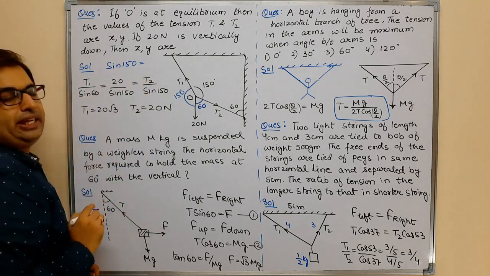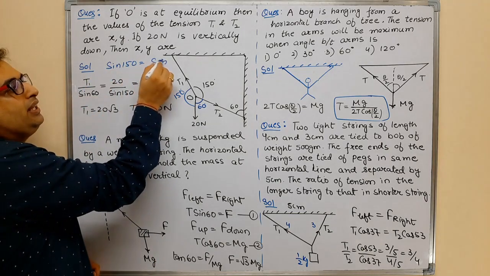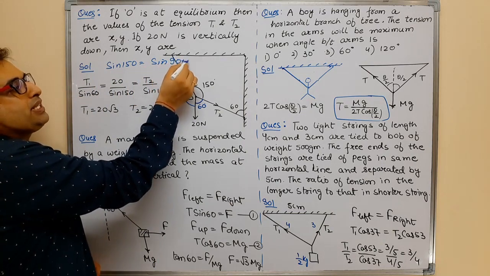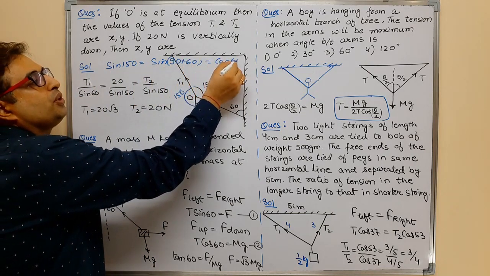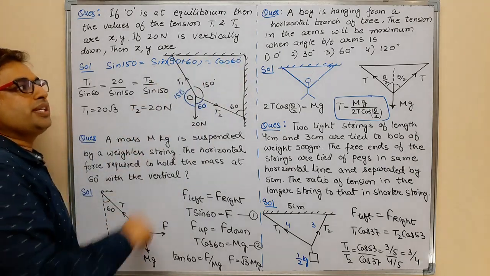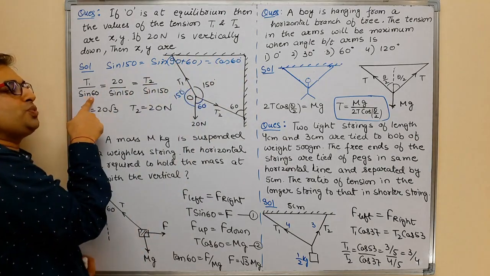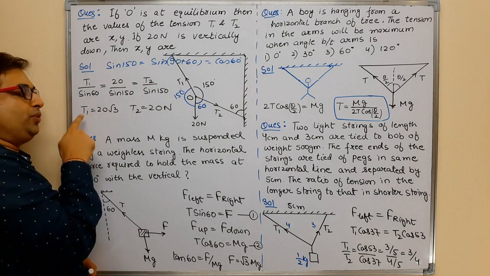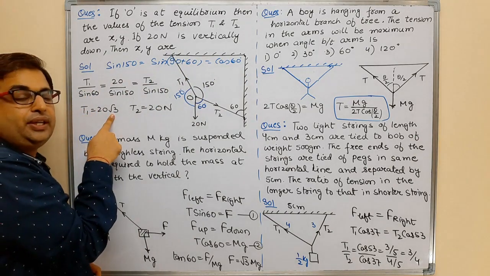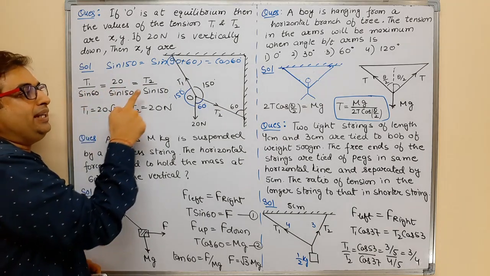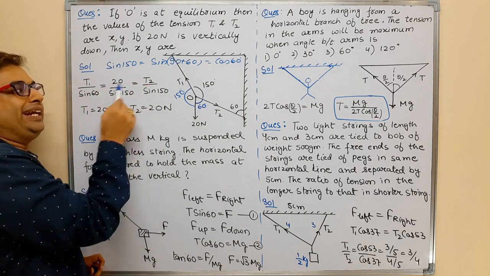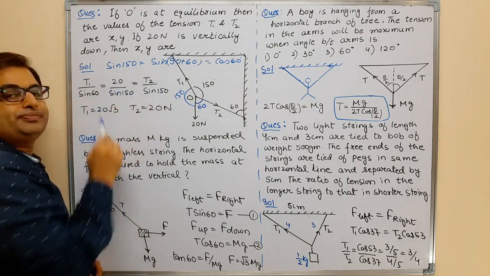Sine 150 is sine of 90 plus 60, so that is cos 60. Cos 60 is half. Put in this value and solve it. You will get T1 is equal to 20 root 3 when you compare these two. And T2 is equal to directly 20. These two will cancel out.